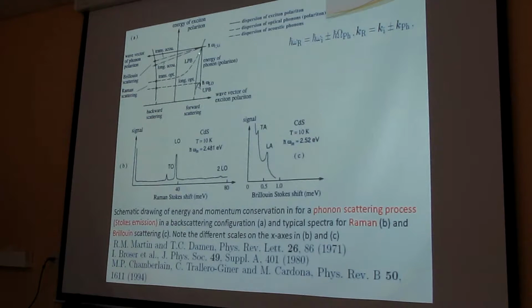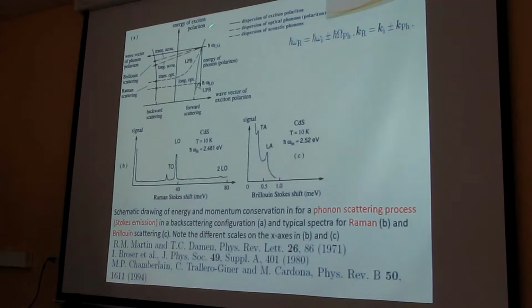You have the lower polariton branch, which goes over to a phonon-like behavior, the transverse branch, the longitudinal branch, the upper branch, and here the acoustic branches. You get an intersection, so you can observe these states at these wave vectors. This is Raman scattering. You see the longitudinal and the transverse, and at relatively large wave vectors the transverse and longitudinal acoustic ones.